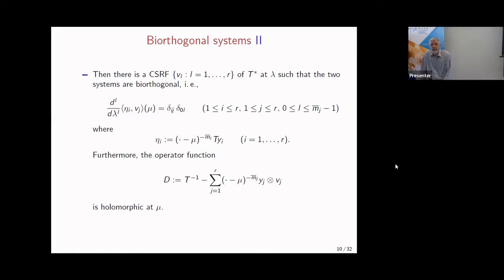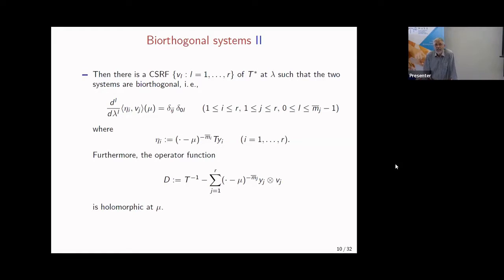And then for each canonical system of root functions of the original operator, there's a canonical system of root functions of the adjoint operator from F' to E', which satisfies the condition that the l-th derivative d^l by d lambda^l of eta_i applied to y_j is delta_ij delta_0l. It looks quite complicated.